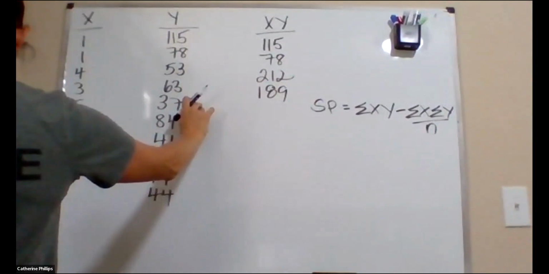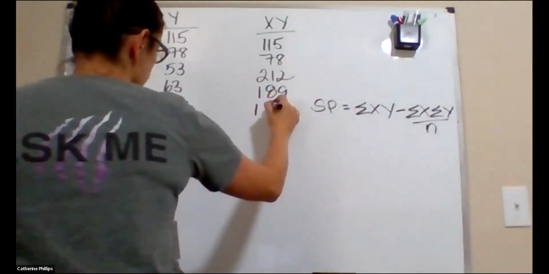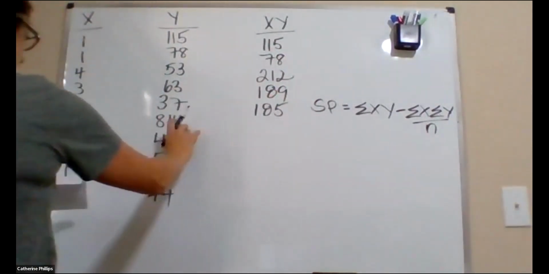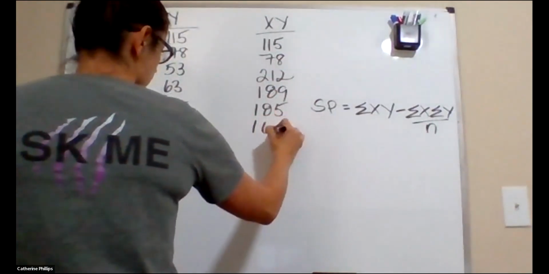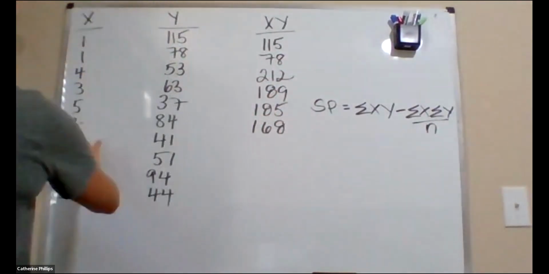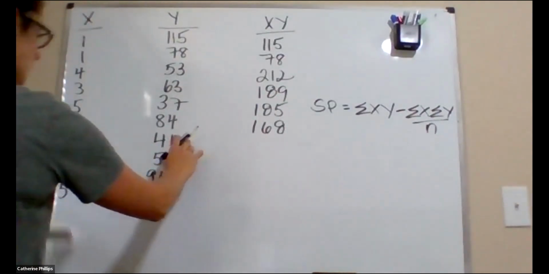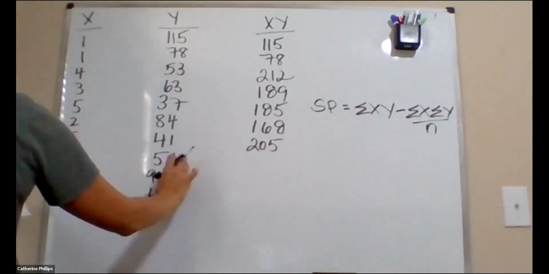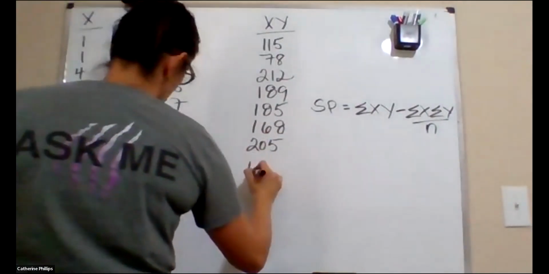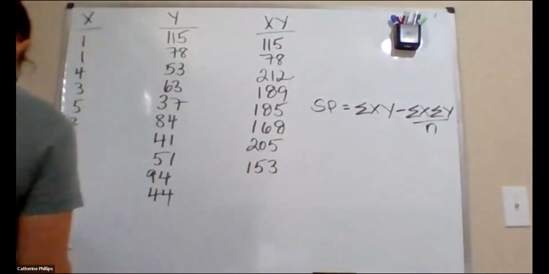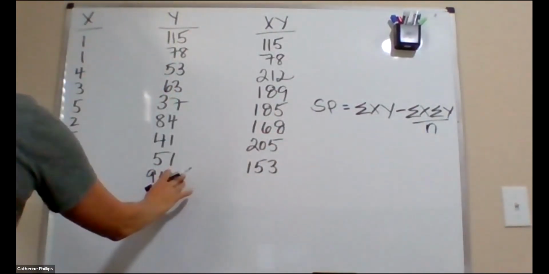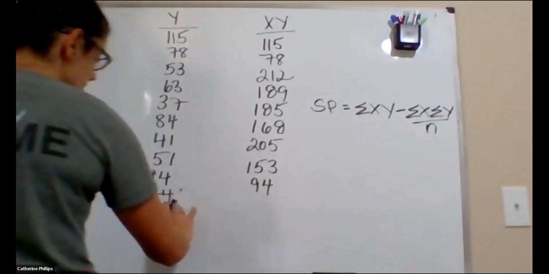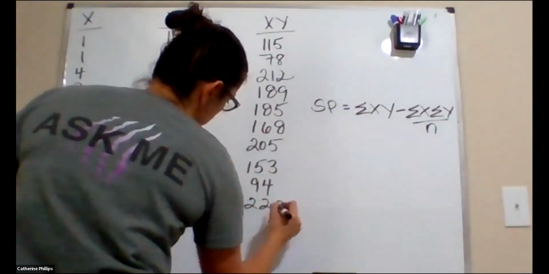5 times 37 is 185. 2 times 84 is 168. 5 times 41 is 205. 3 times 51 is 153. 1 times 94 is 94. 5 times 44 is 220.